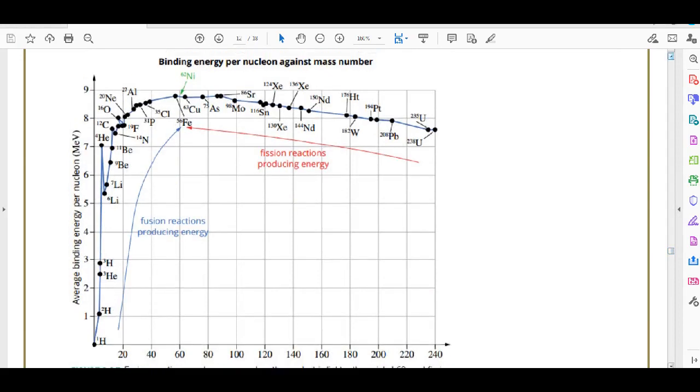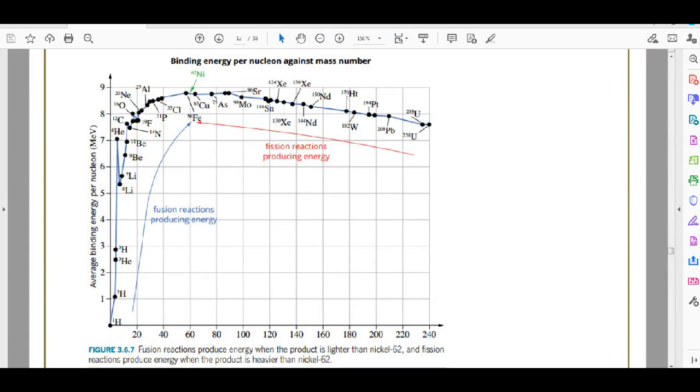You can see for this chart, the vertical axis is the average binding energy per nucleon, and the horizontal axis is the mass number. The greater the mass number, the bigger or heavier the nucleus.